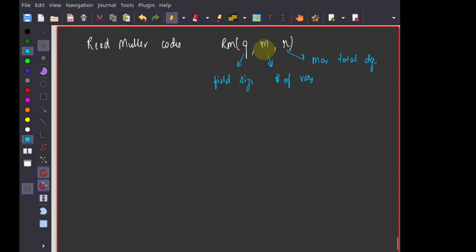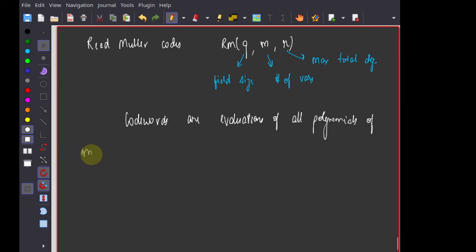So therefore the code words are evaluations of all polynomials of max degree at most R, where the individual degrees should be less than or equal to Q minus 1. There's a reason over here.